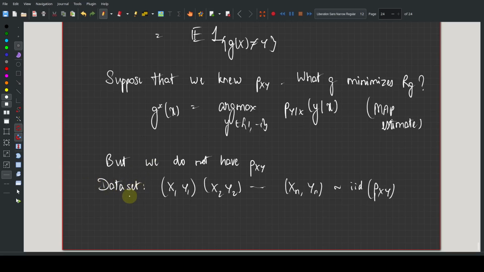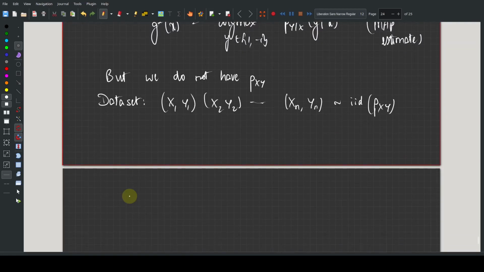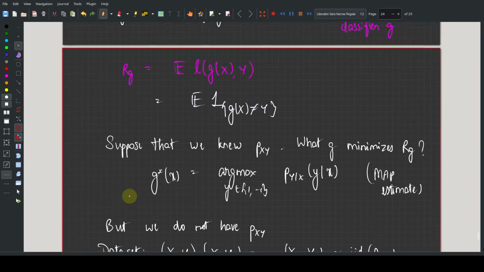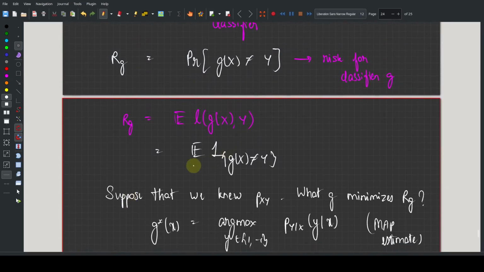So it's a supervised learning problem where we're given a bunch of samples drawn according to the correct distribution, and our goal is to find G which minimizes the risk. Ultimately the goal is to minimize this average risk.